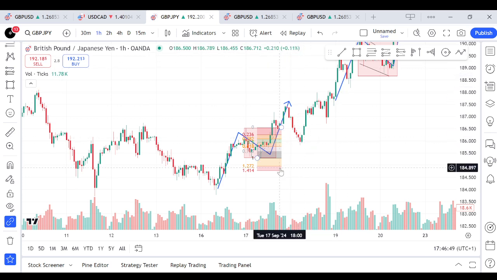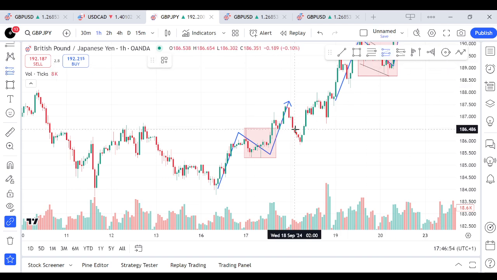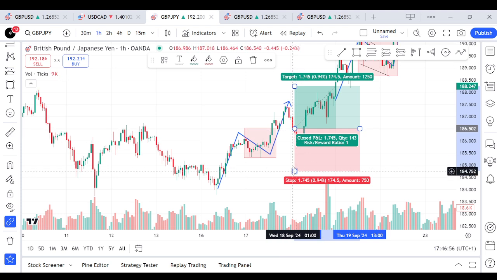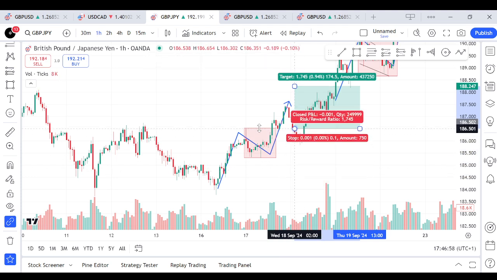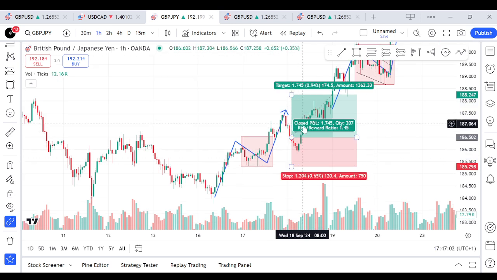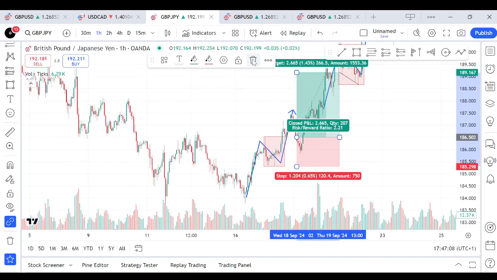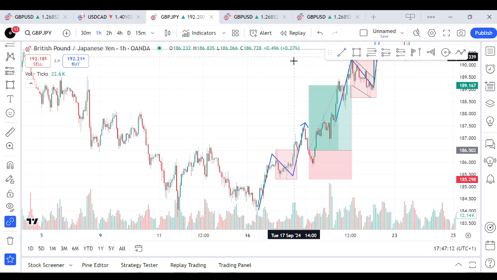Or you could just place your entry at the top of your base, and your stop loss could be at the low of the base, but you should wait for a retest of that level. And take profit levels could be at 1:1, 1:2, whichever one you choose, or you could target resistance levels.